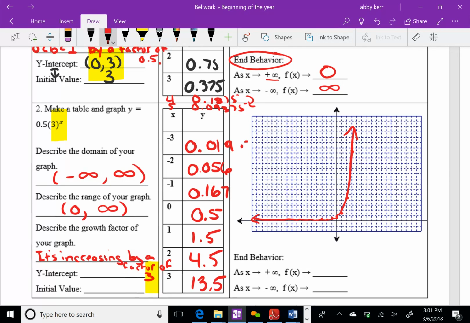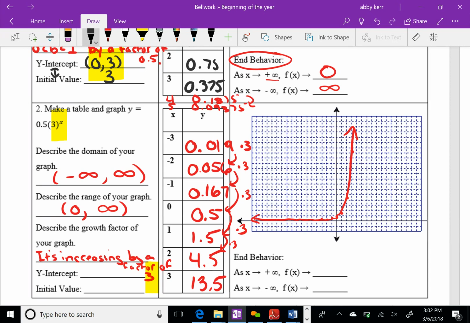If you multiply this number, if I did not round it, by 3, you would get that number. Multiply this by 3, you would get this number. Multiply this by 3, you would get a half. A half times 3 would get you 1.5. 1.5 times 3 would get you 4.5, and so on and so forth.